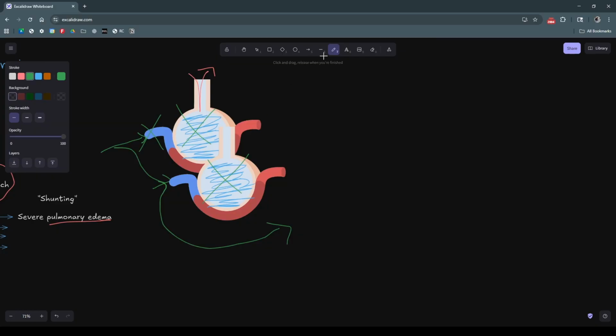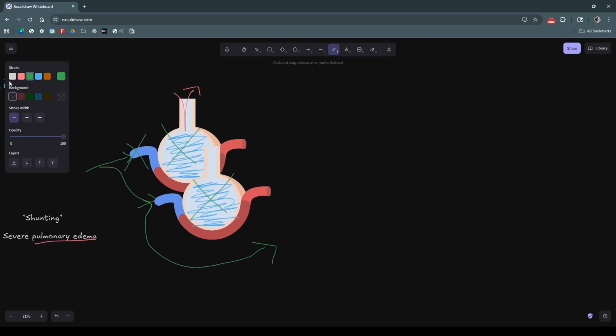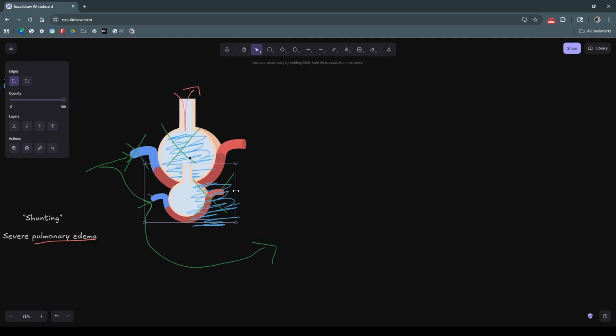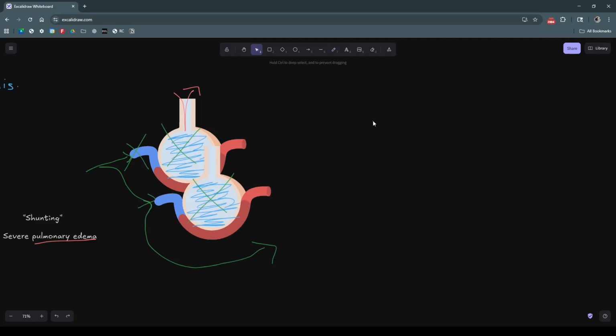And of course, as a reminder, even though our alveolus is drawn like this, simply because I can't... well, maybe I can. Let's see. Not quite the experience I was looking for. Our alveolus, because of the pulmonary edema in there, the proteins that are flooding in from cardiogenic shock or whatever the case is, CHF, it's not only restricting the flow of oxygen, it's also washing out the surfactant.